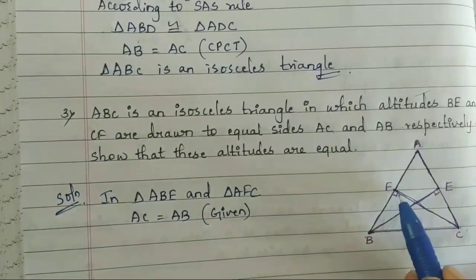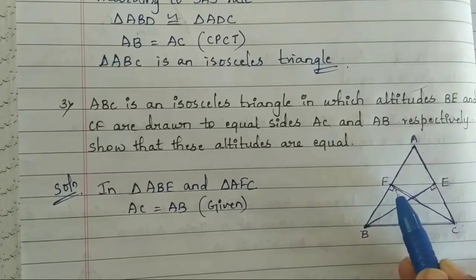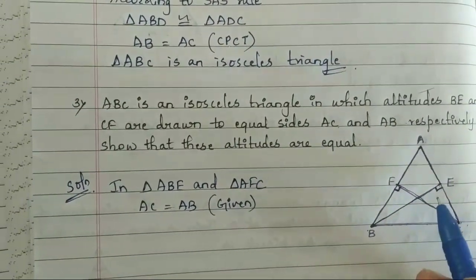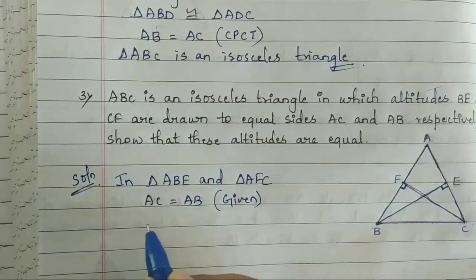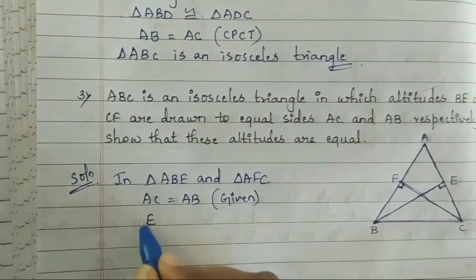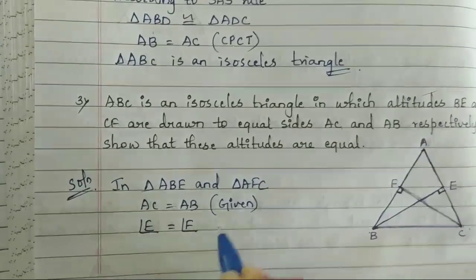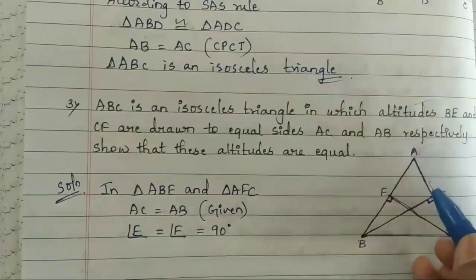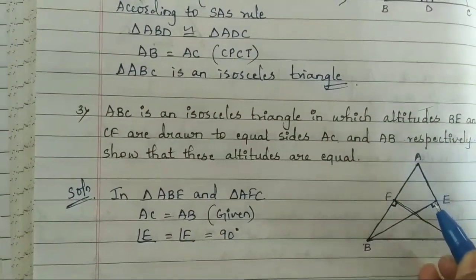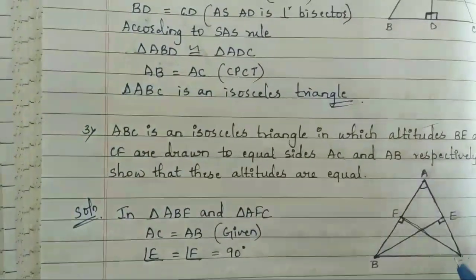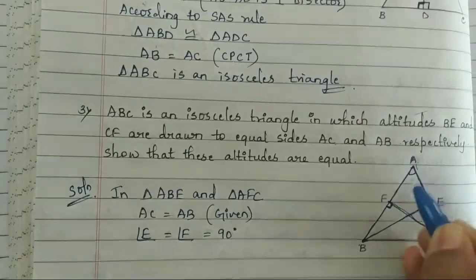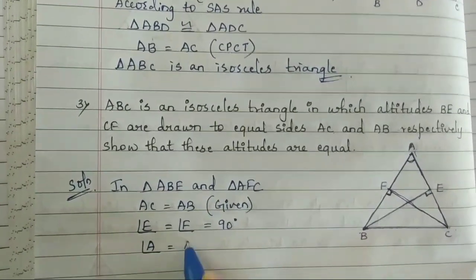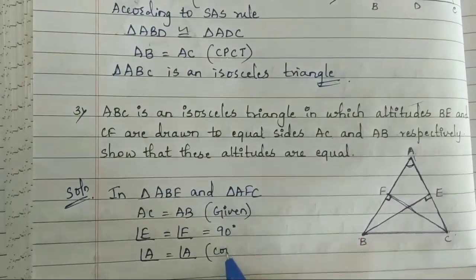From the figure only, we can identify one more thing, that this E and F, both the angles are of 90 degree. So we can write here angle E is equal to angle F, which is equal to 90 degree. Then as in this triangle we are getting angle A, and in this triangle also we are getting angle A, we can write angle A is equal to angle A, which is the common angle.